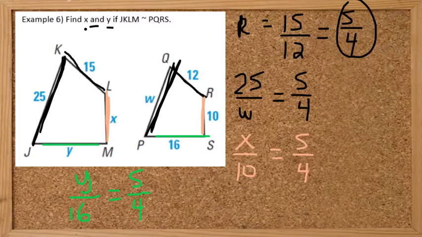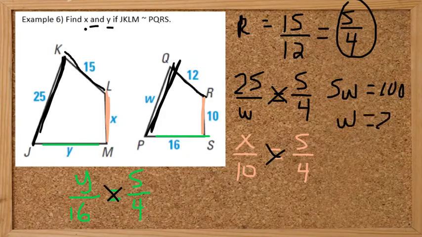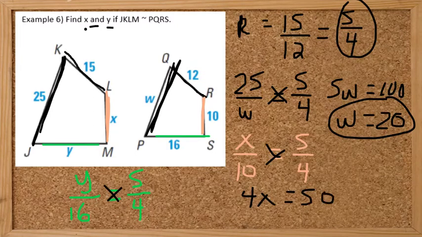Okay, and for all of them, there's the easy part. We just cross multiply and divide. First one, 25 times 4 is 100. 5w is equal to 100. W equals 20. There's the value for w. Next one: 4 times x is 4x. 5 times 10 is 50. We divide, we get a decimal.